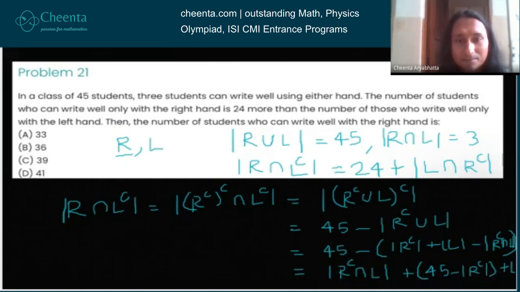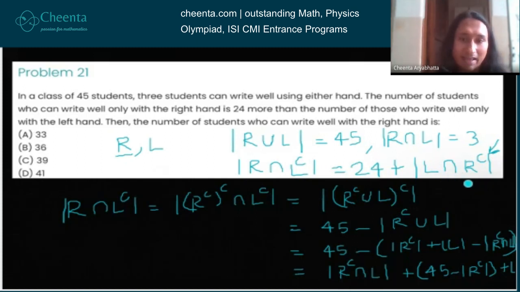I think we need to go to another board. But before we do that, note that we can combine this with the equation here, because on both sides we will have L intersection R complement.